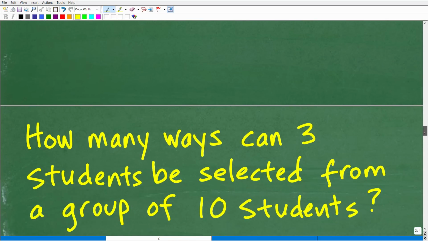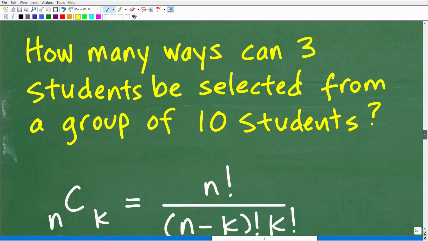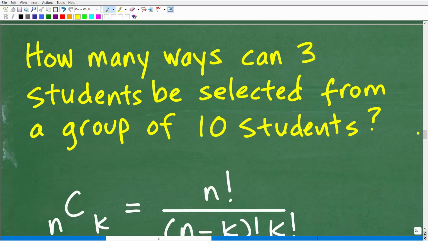So let's go ahead and get into the problem. We read the problem again, and if you're not sure, let's bring this right back to the very beginning, and you're like, all right, is this a combination or permutation? Maybe sketch out a bunch of little stick figure students and ask, does order make a difference?